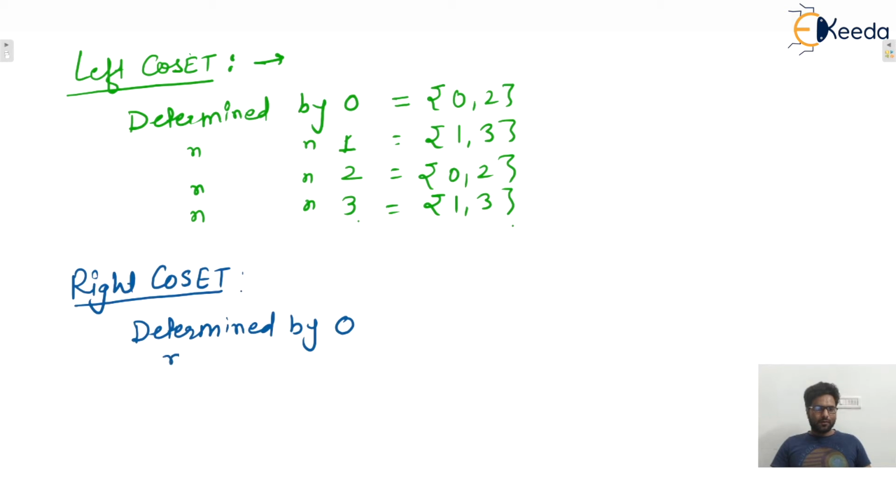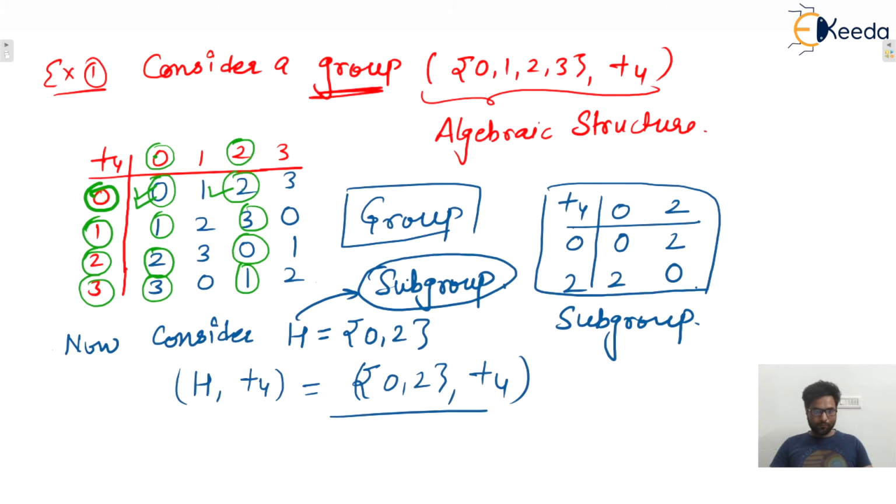0, determined by 1, determined by 2, and determined by 3. So now we'll see from right to left. Here we'll take all these elements 0, 1, 2, 3, and we'll check for 0 and 2.